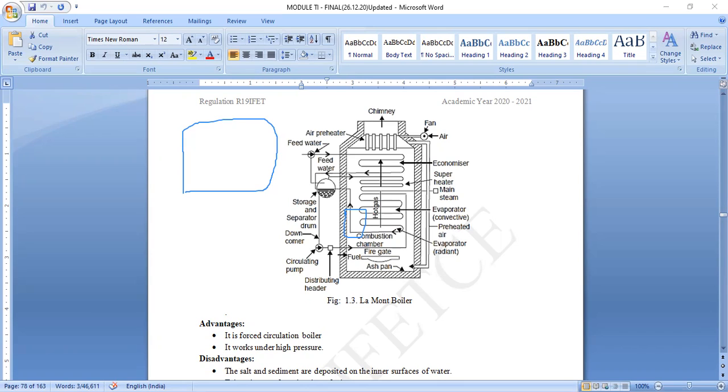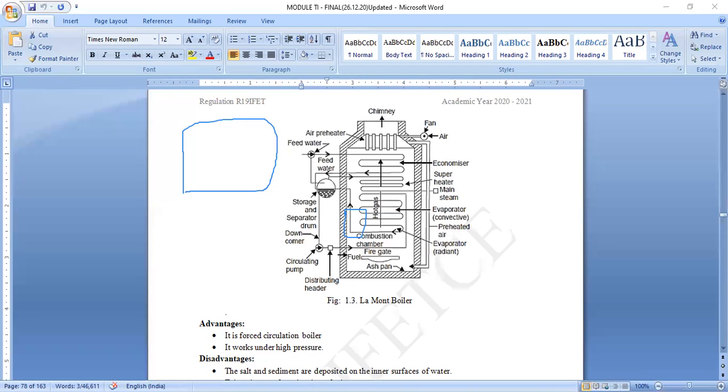That is why we are using the economizer here. The preheated feed water then goes to the separator drum, where the steam is separated from the water. Then the water is circulated again to the boiler chamber.